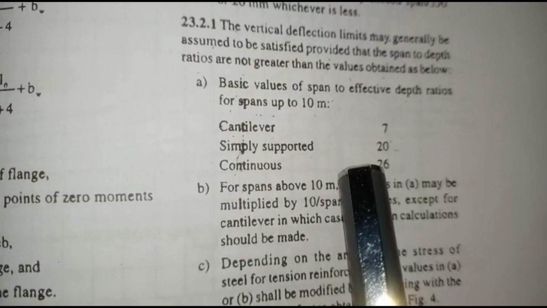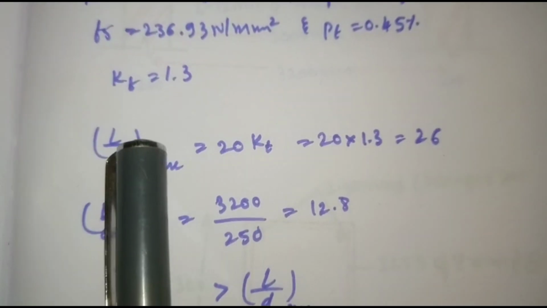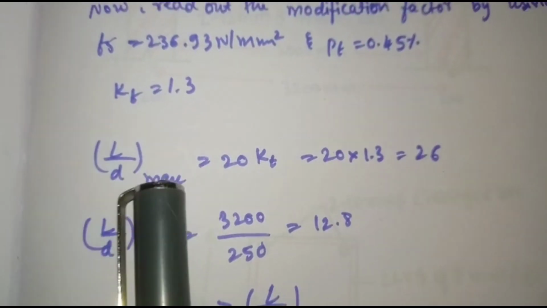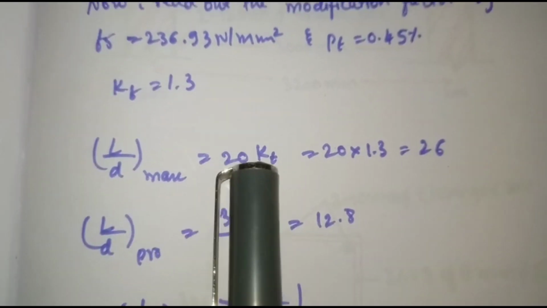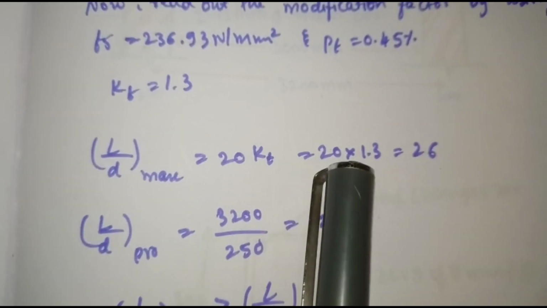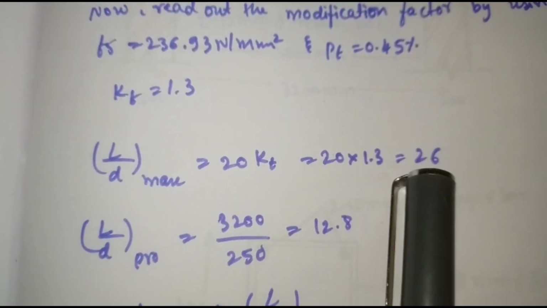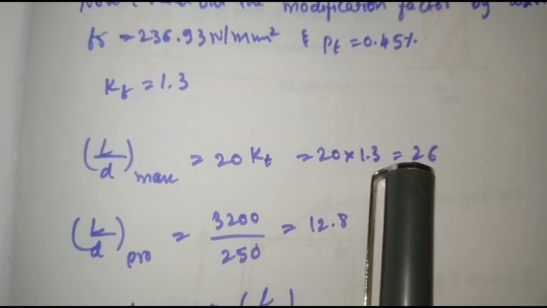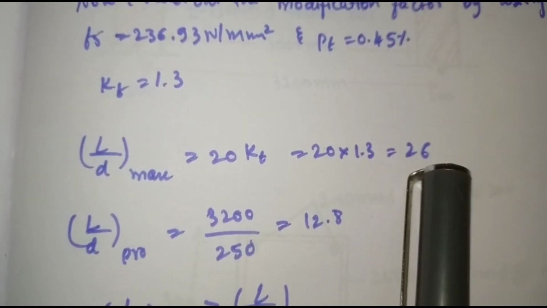So by applying this rule, we'll calculate the deflection. L by D max is equal to 20 into modification factor, that is KT. So 20 into 1.3. By simplifying, we'll get our L by D max value as 26.